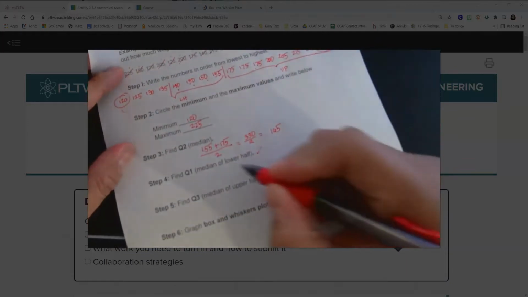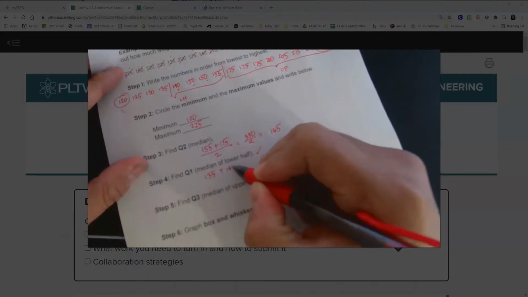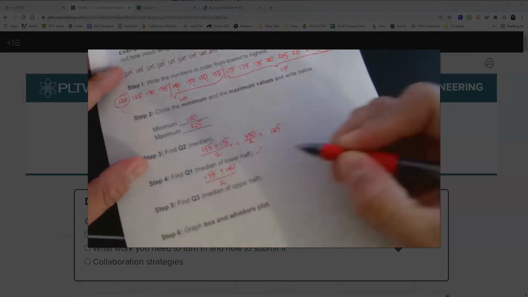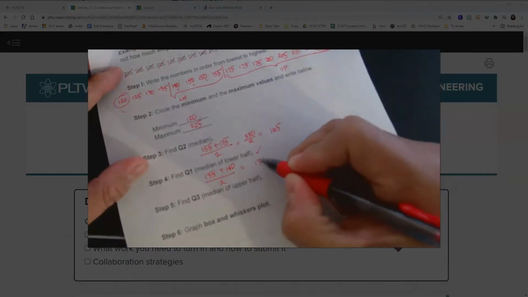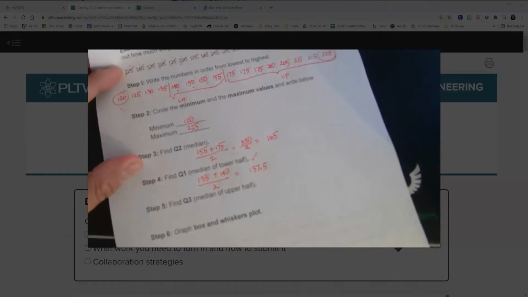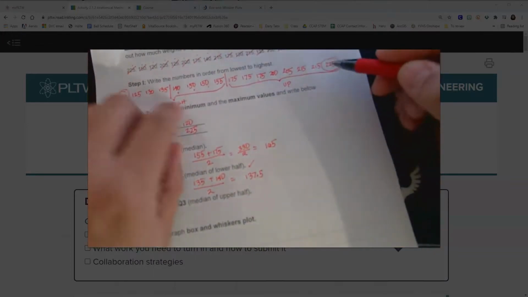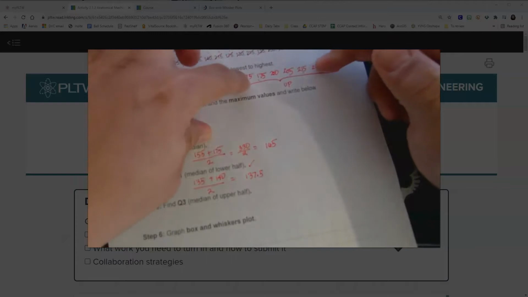So that's 135 plus 140 divided by 2. So 135 plus 140 divided by 2, we end up with 137.5. Okay, for the upper half this time, same thing. Let's go 1, 2, 3. So let's do that again. 1, 2, 3.